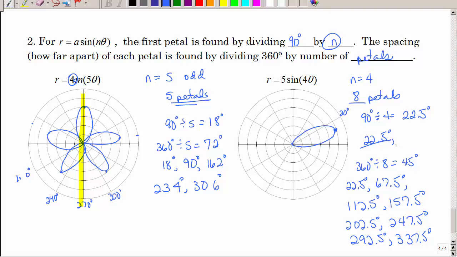So we have one at 22.5, the next at 67, so this is 60, so a little bit bigger.